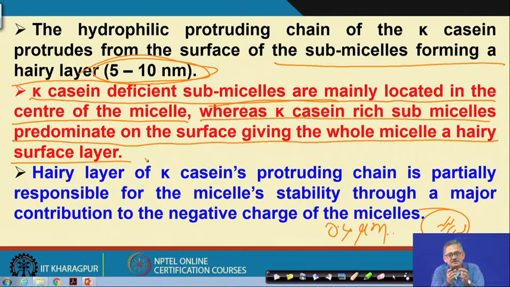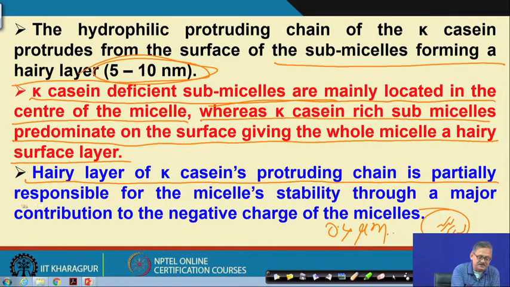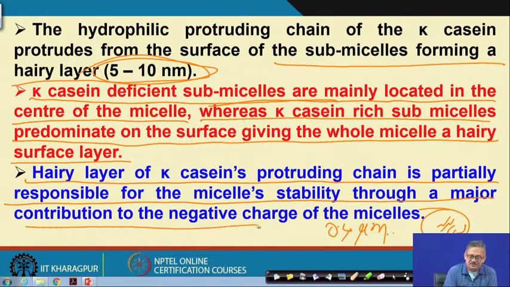So, those which are not so bad with water can stay with water, so they will be on the periphery, on the surface, whereas those which are hydrophobic are in the interior of the micelle. The hairy layer of kappa casein's protruding chain is partially responsible for micelle stability through a major contribution to the negative charge of the micelle.